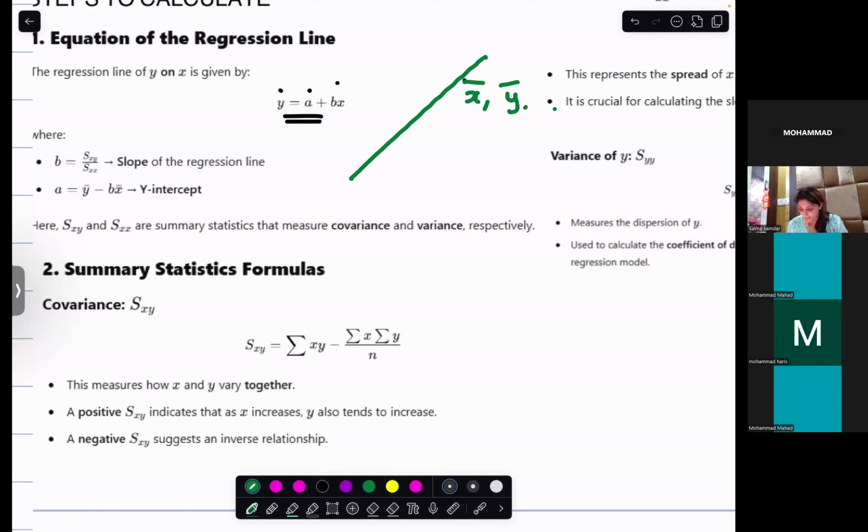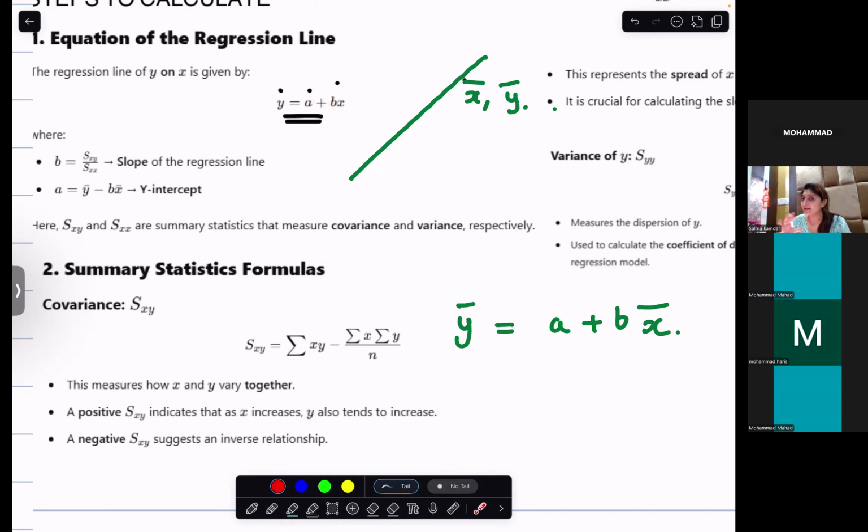So when I'm making my new regression line, it would be mean of y is equal to a plus b mean of x. Before, I said y is equal to ax plus b; y is equal to ax plus b is the same as a plus bx with whatever variable.